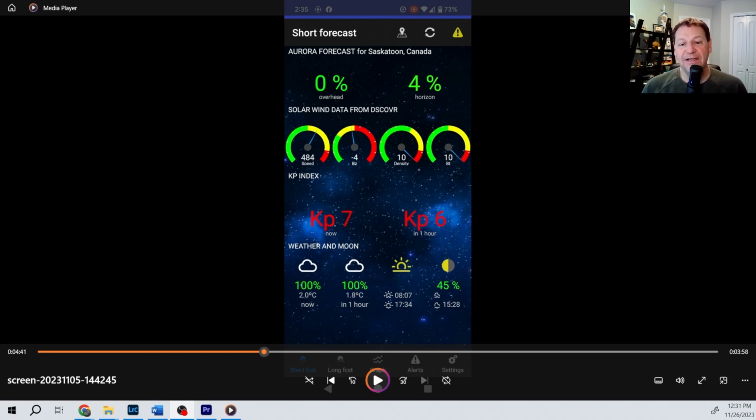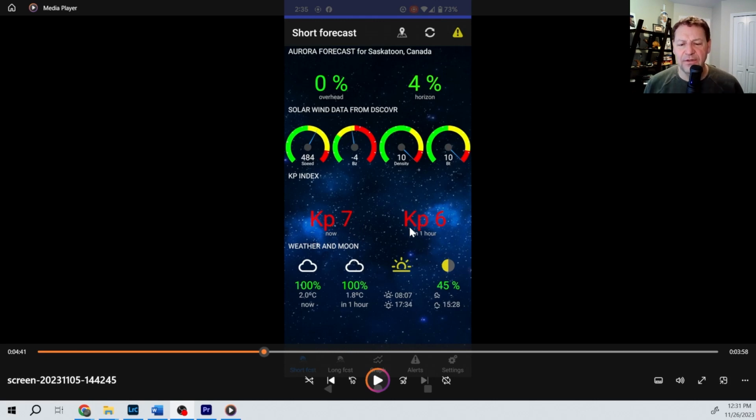This is the Aurora Alerts app, and the home screen looks like this. This is pretty much all the information you need to know at night. You have the current KP value and then the predicted KP value in 1 hour.